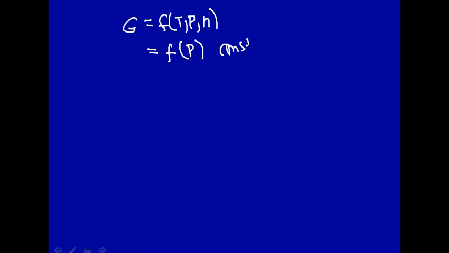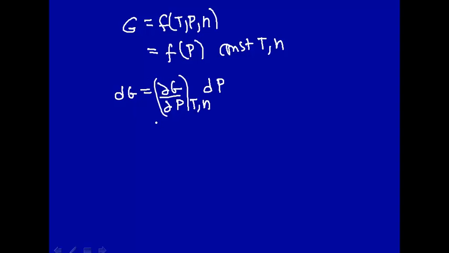Next page. All right, so let's first start by realizing that G is a function of temperature, pressure, and number of moles. It's a function of pressure at constant T and number of moles. So now we're going to say, how does G change with pressure? Well, that's how G changes with pressure at constant temperature and number of moles, times dP.